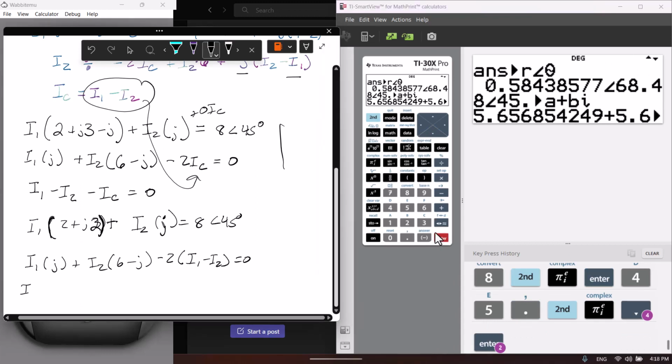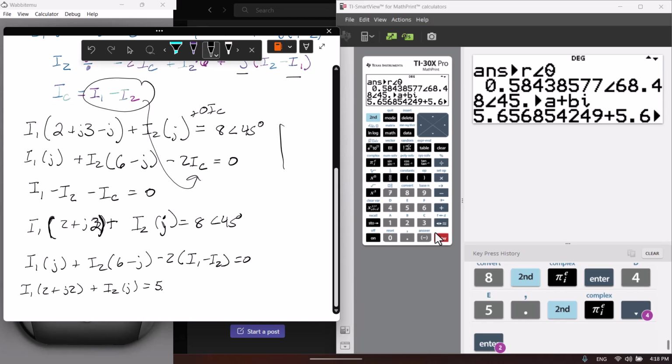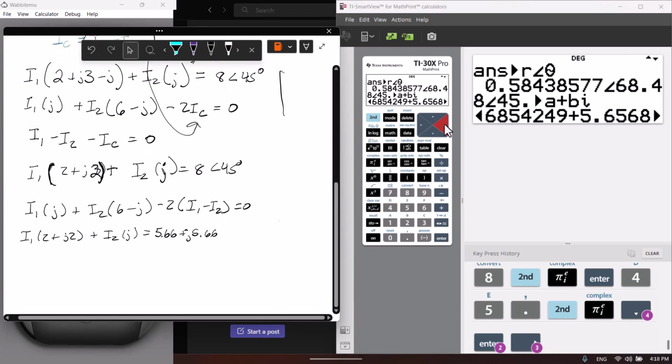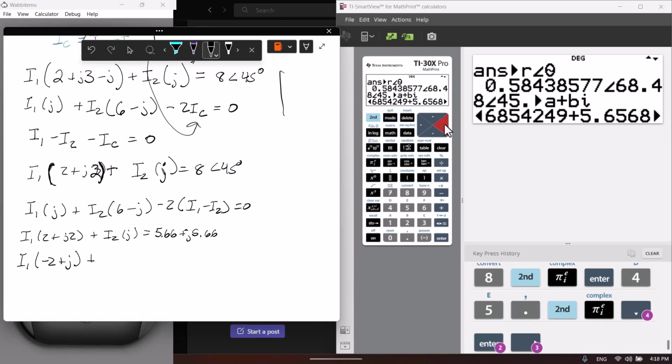So now I get I1 times 2 plus J2 plus I2J equals 5.66 plus J 5.66. And then I1 minus 2 plus J, plus 2, I2 plus 2 plus 6, 8 minus J equals 0.